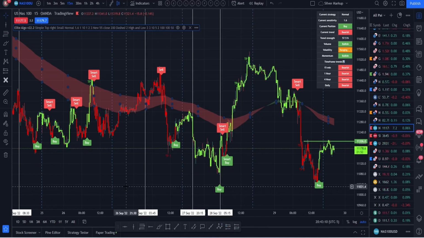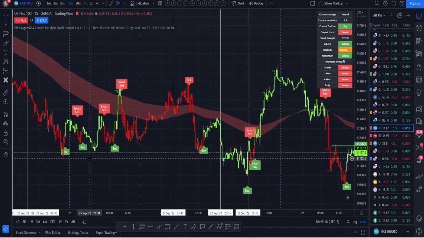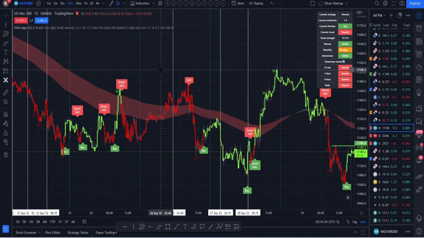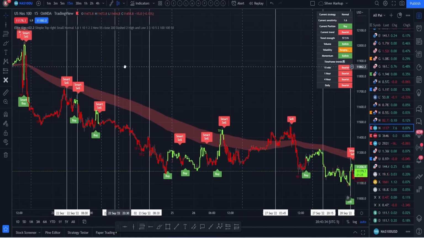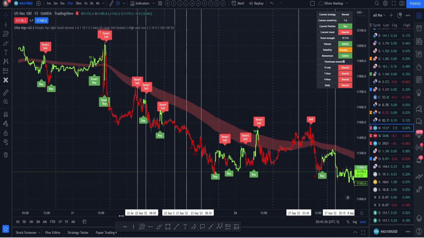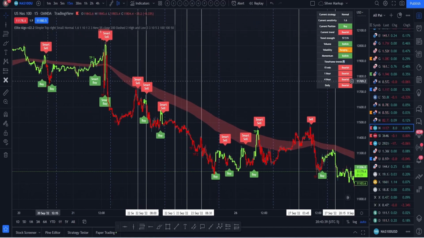If you're a volume trader, you trade a lot of volume entry level things, you can use this to maybe confirm your volume trades or confirm breakout trades. You can even fuse some market structure intraday type trading into this mode with Elite Algo. So this is something that you can use to see, okay, which way is the volume going?